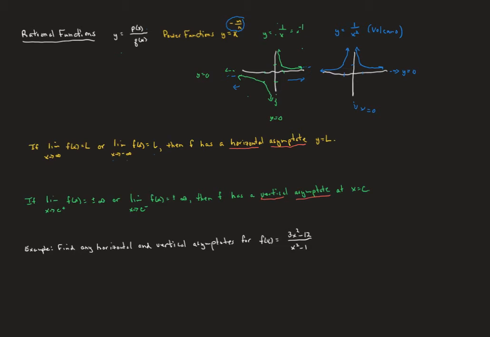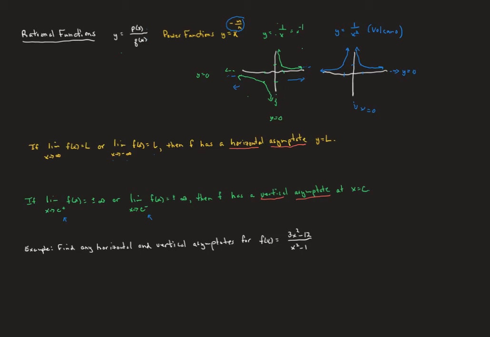And then in the green, we see if the limit as x approaches c from the right of f of x is equal to either positive infinity or negative infinity, or the limit as x approaches c from the left of f of x is equal to positive infinity or negative infinity, then we say f has a vertical asymptote at x equals c.